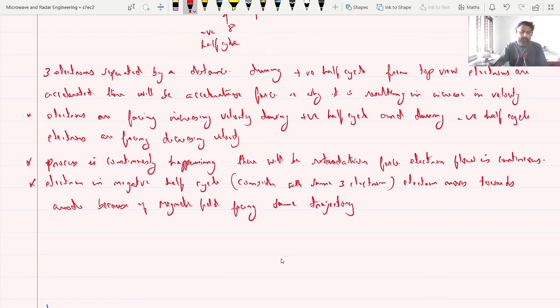Okay, that is, the electron travels in this direction of acceleration, which gives an increase in velocity.